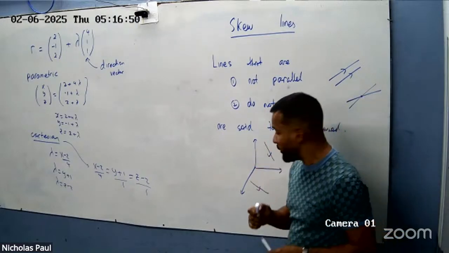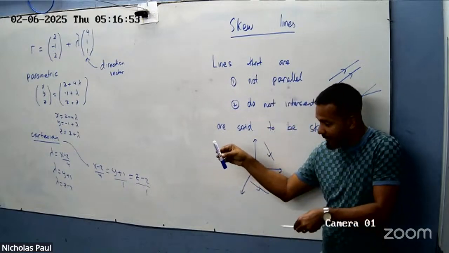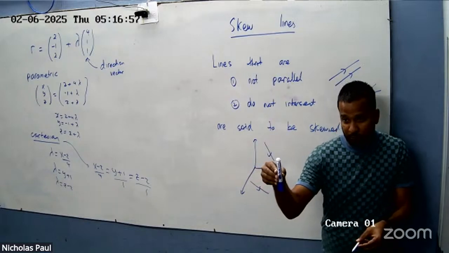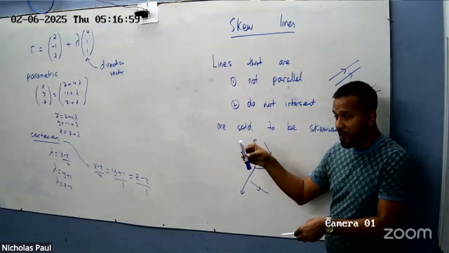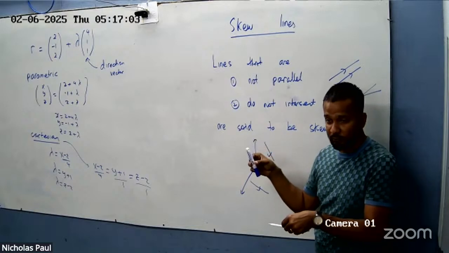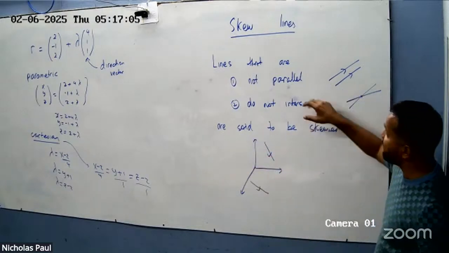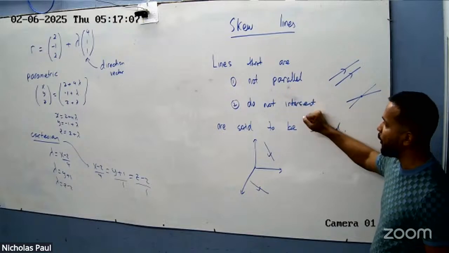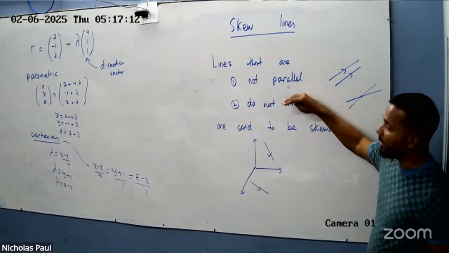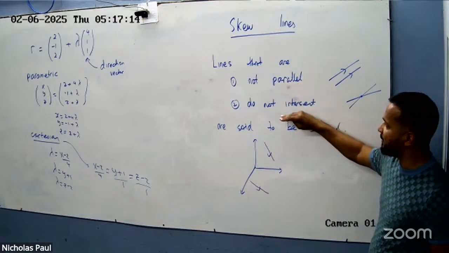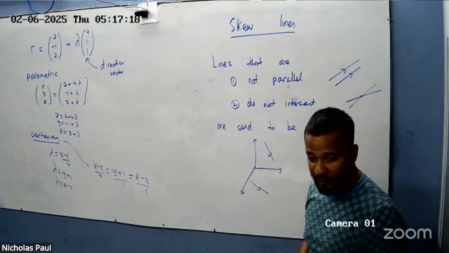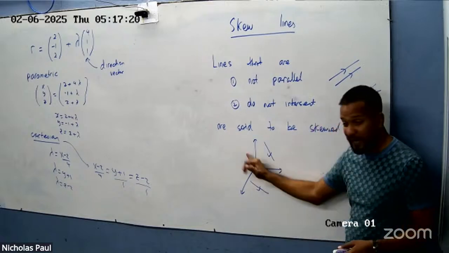There's a space between them. These two lines are said to be skewed. So if your lines are not parallel and they do not intersect, then they're skewed. Let's see if we can figure out how to determine if lines are parallel and if lines intersect. Remember, these are different planes.